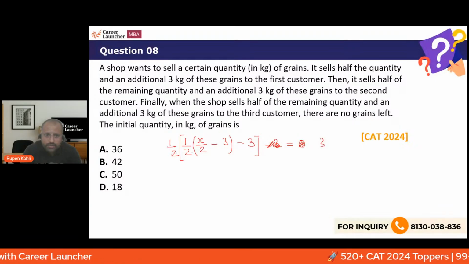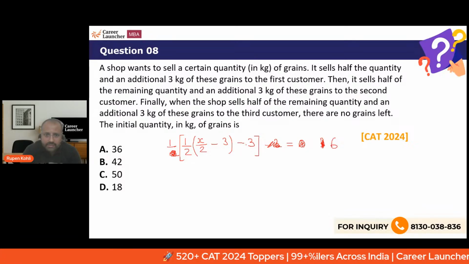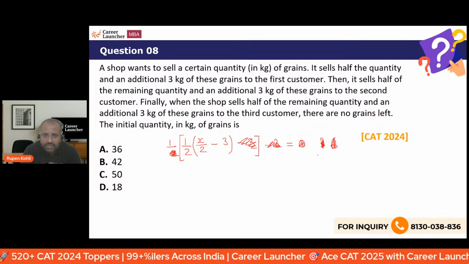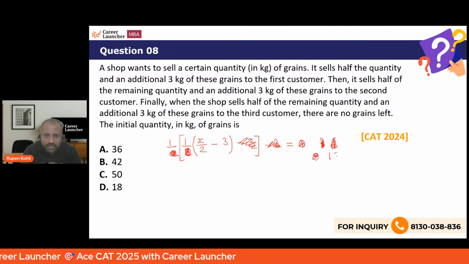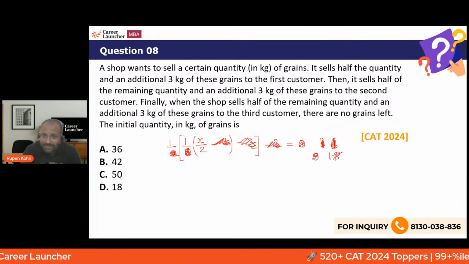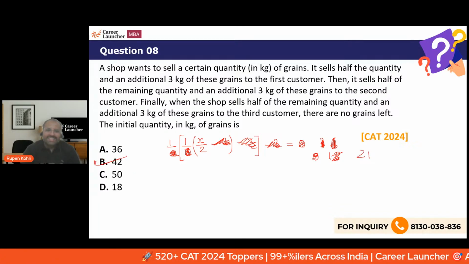This 3 into 2, 2 comes over here, so this is 6. This minus 3 comes over here, so 3 plus 6, this is 9. And again this 2 comes over here, so 2 into 9, this is 18 on the right hand side. And again finally this 3 comes over here, so 18 plus 3, this is 21, and 21 into 2, 42 is the answer, right?